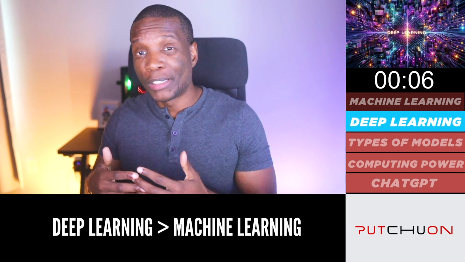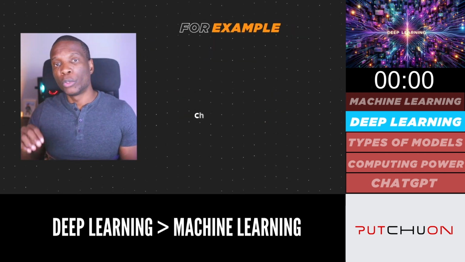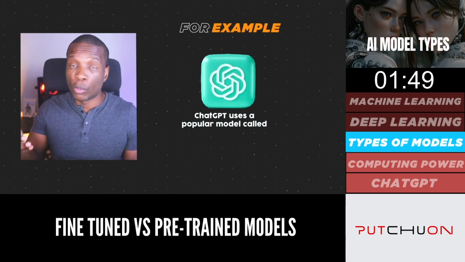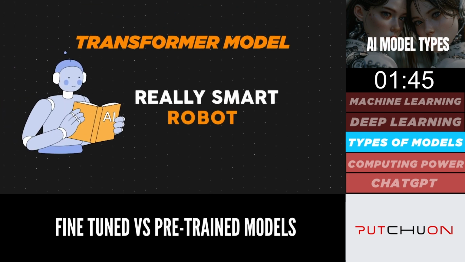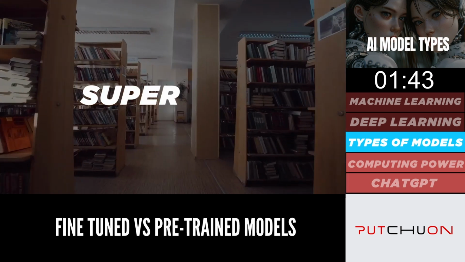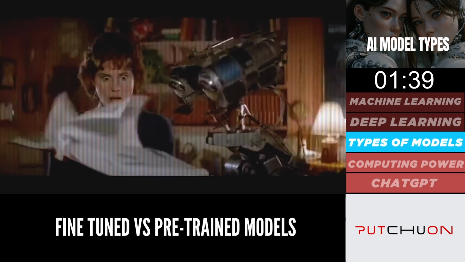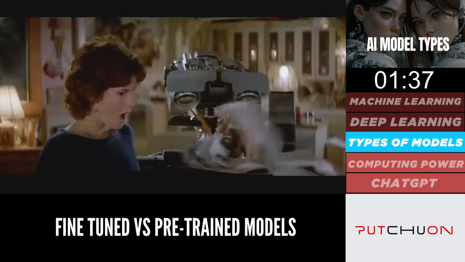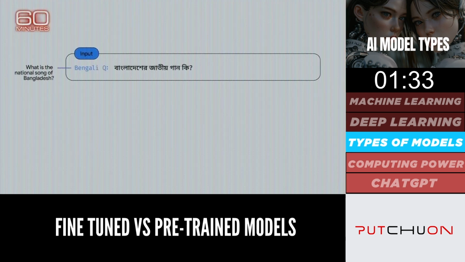And just like there's a bunch of different meals that do different things for you, there's a bunch of different models that do different things as well. For example, ChatGPT uses a popular model called a transformer. Think of a transformer model like a really smart robot that can read a lot of books super fast. And it can remember everything it just read and use it to answer questions, write stories, or even change one language into another.